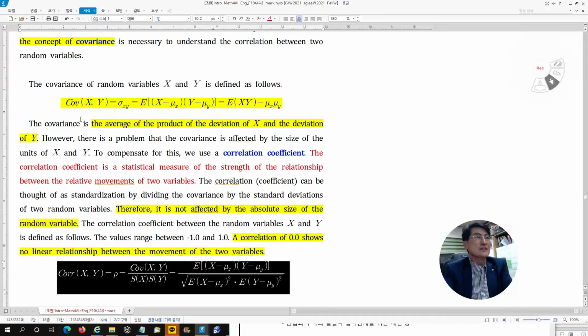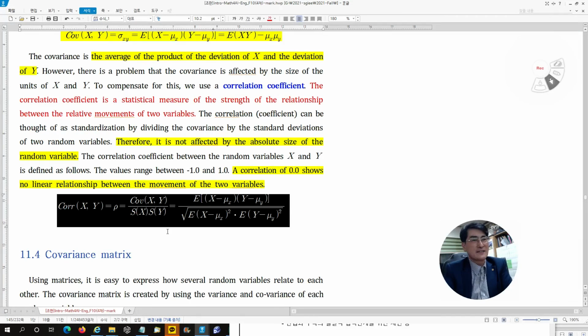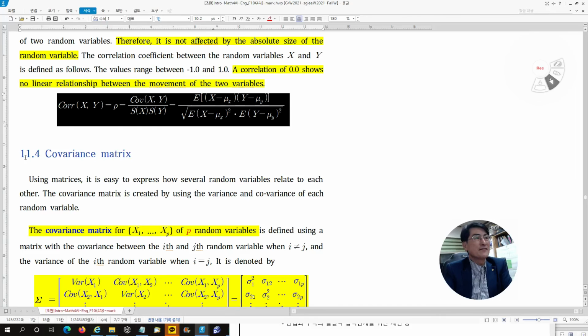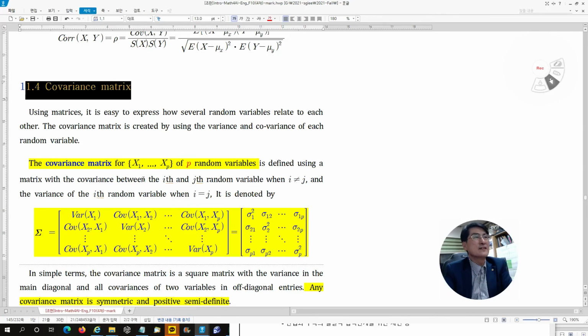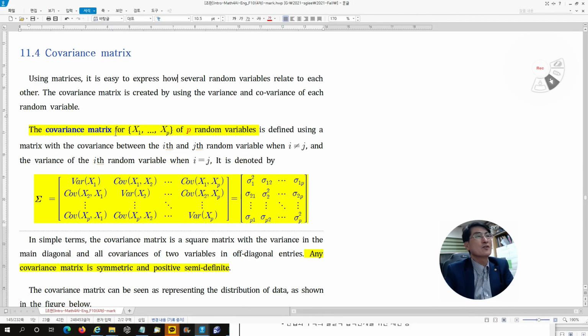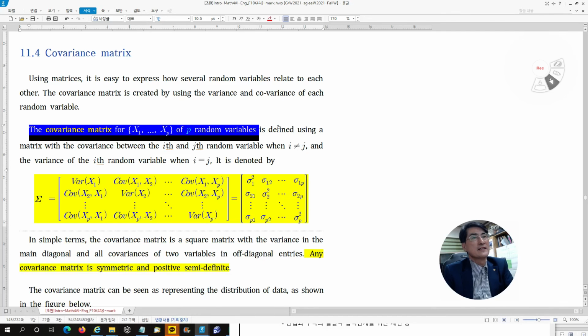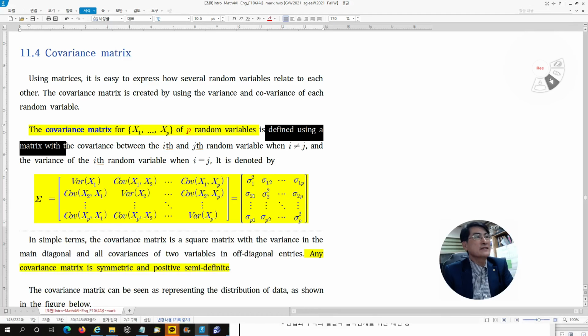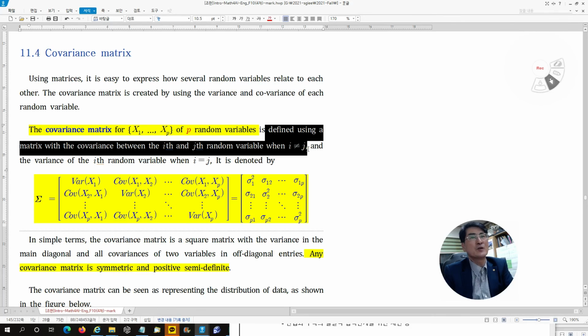With those definitions, we can define the covariance matrix from the given data. The covariance matrix for x1 through xp, p random variables, is defined using a matrix with the covariance between the i-th and j-th random variables when i is not equal to j.